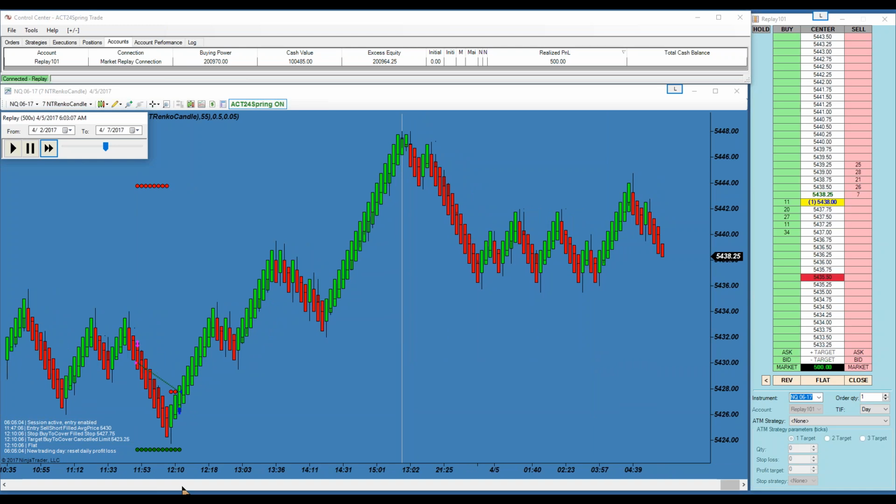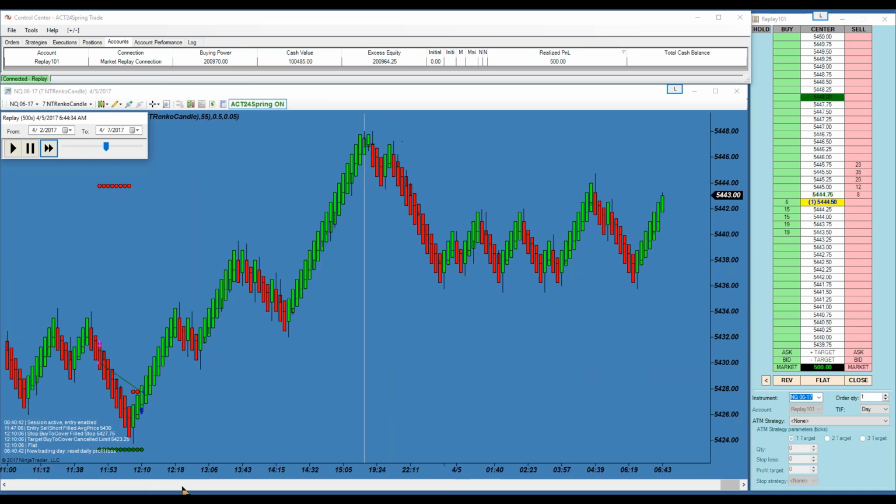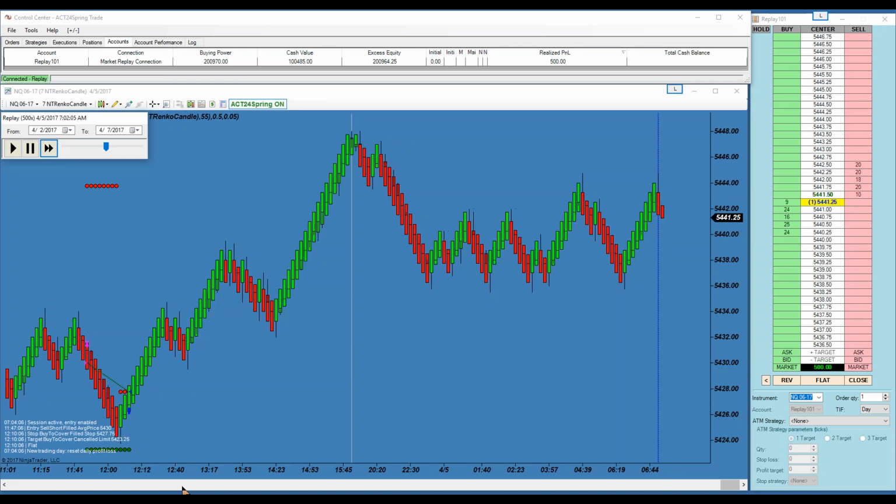As you can see, not much movement overnight. Very sideways. So we're not trading. It's got to move before we start trading.